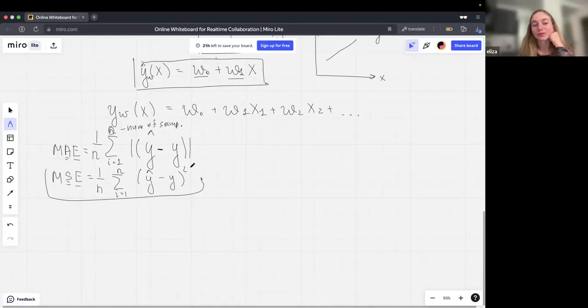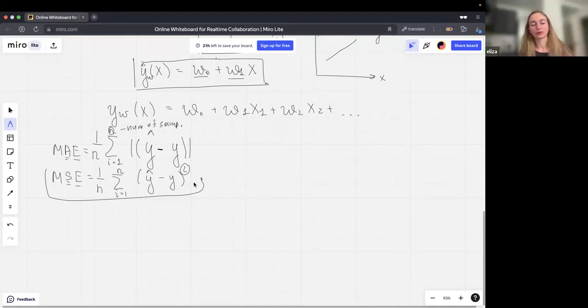Okay. So when you want to evaluate your model, you want to get a result in the scale of your data. But when we use squared, you get a bigger result, and you want to fix it.